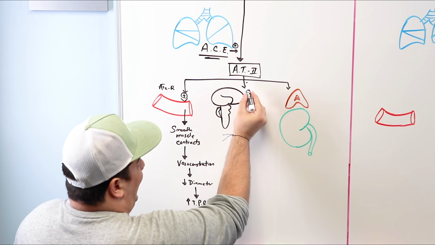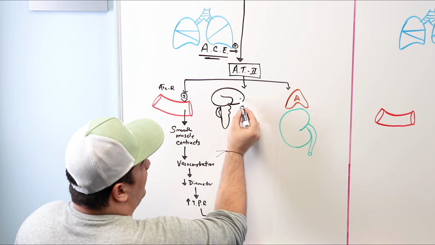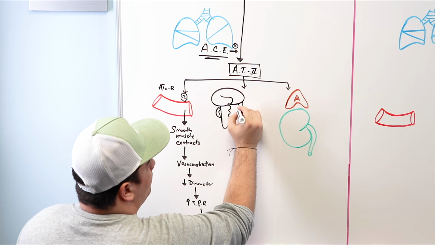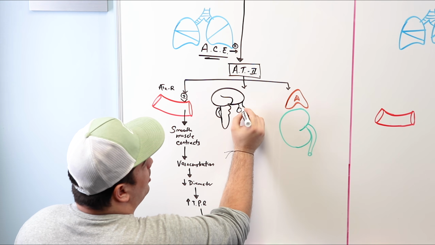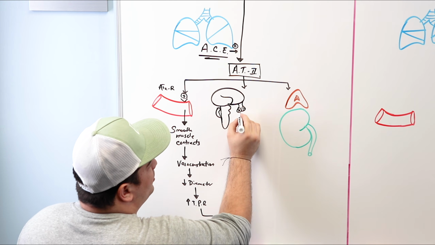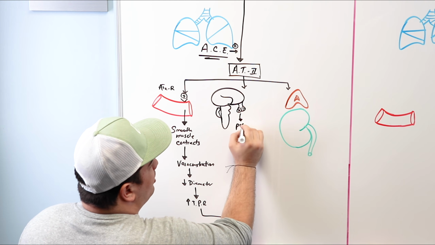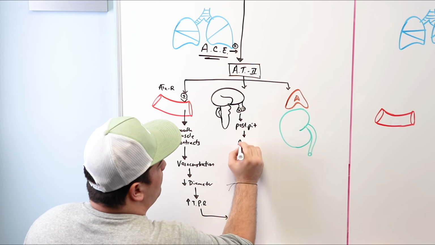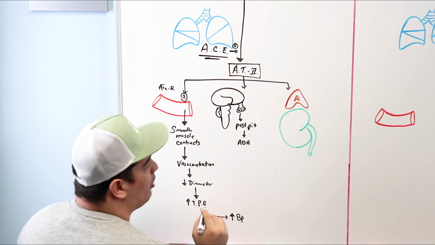The other way is that angiotensin 2 is going to act on a specific area of the pituitary. Within the pituitary, you have two components, the anterior pituitary and the posterior pituitary. Angiotensin 2 stimulates the posterior pituitary. The posterior pituitary will release a specific hormone called the antidiuretic hormone.